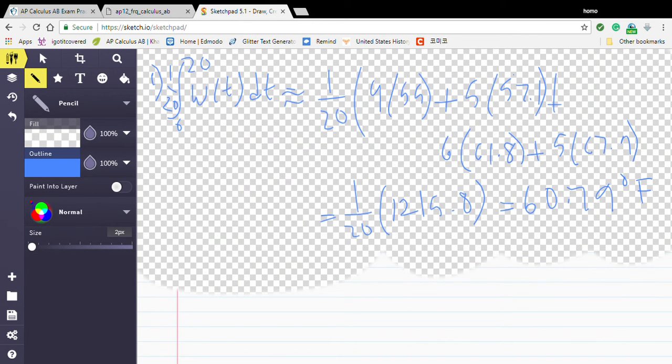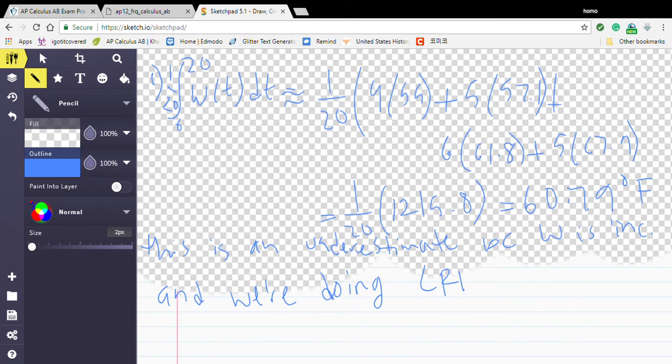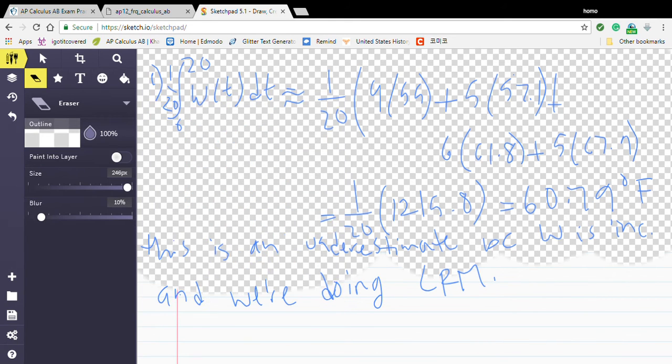So this is an underestimate, because W is increasing and we're doing a left Riemann sum. There we go. So this is the answer to C.